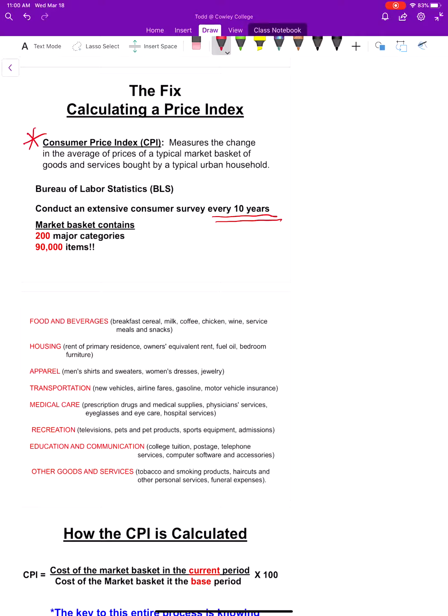After they get done going through a 2-year cycle of these folks doing these surveys, they come up with what we call the market basket. And that market basket is very extensive. It consists of 200 major categories, and over 90,000 different items are included in it.